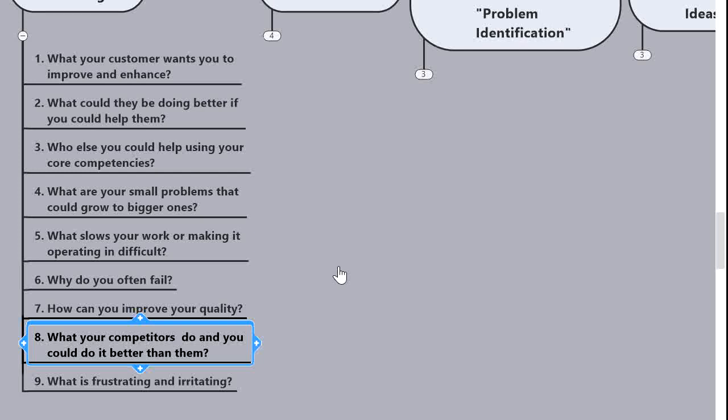As an example for this, I'd like to mention something, and maybe you might not realize it.